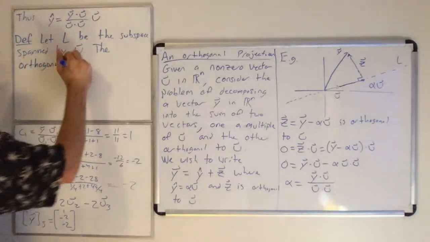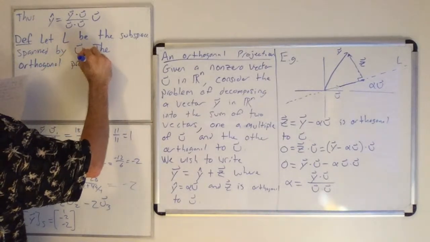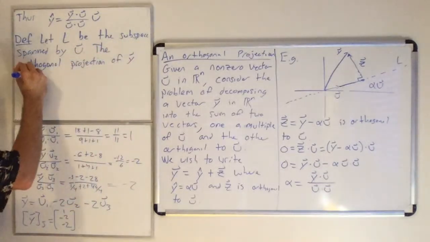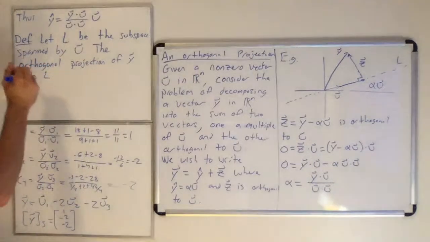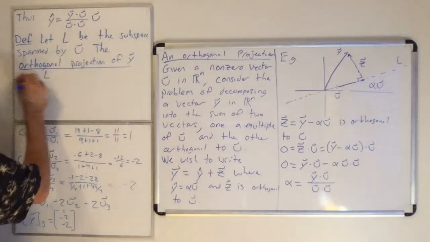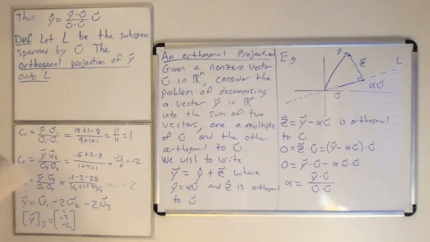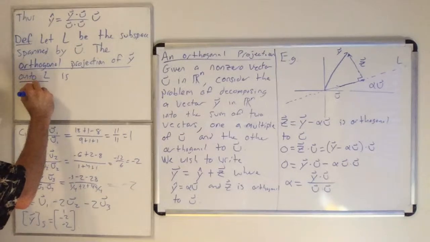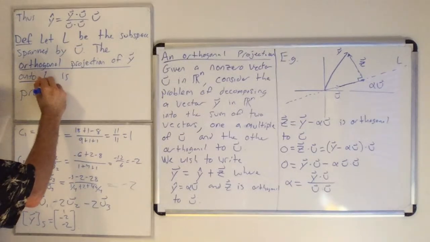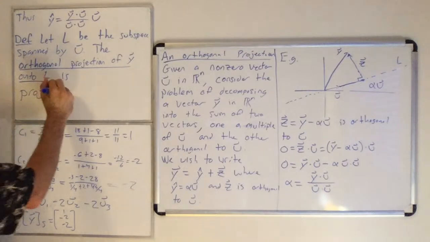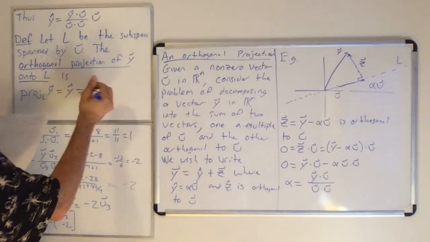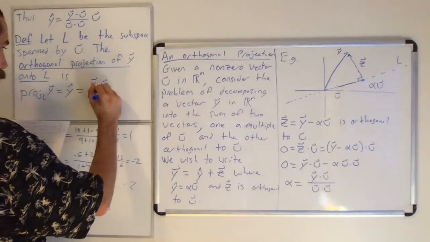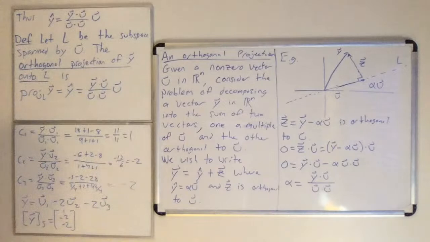The orthogonal projection of y onto L is the vector projection onto L of y, which is equal to y hat, which is equal to y dot u over u dot u in the direction of u.